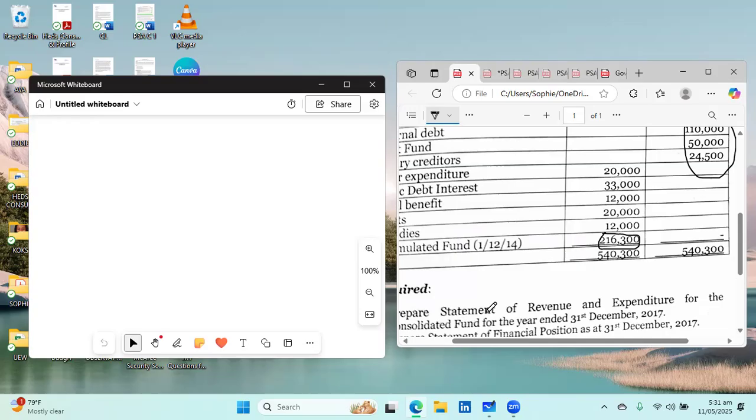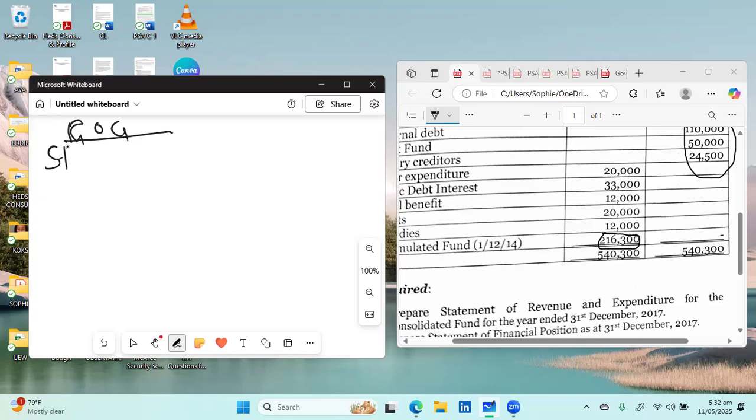So what we will see is our heading here like this: GOG. GOG means Government of Ghana. In the exams, you might want to write it in full.